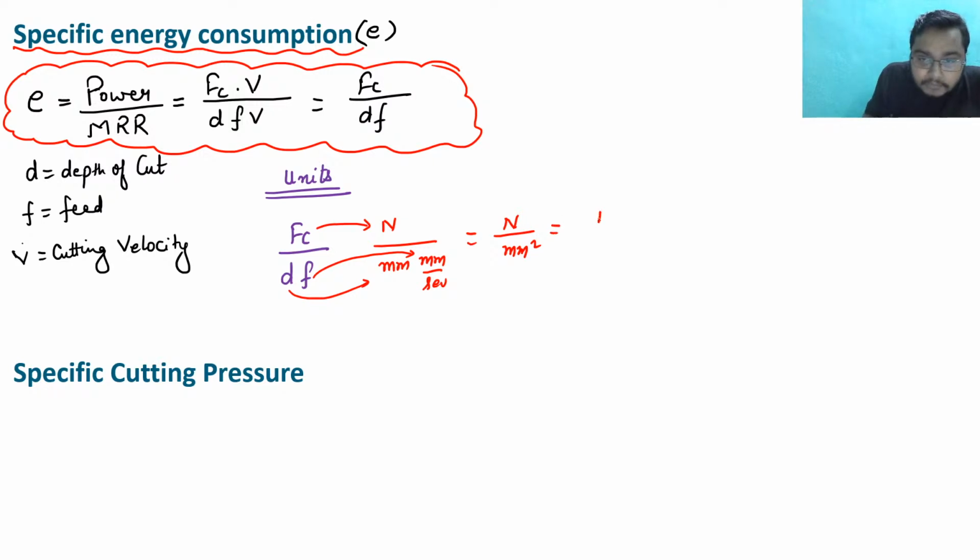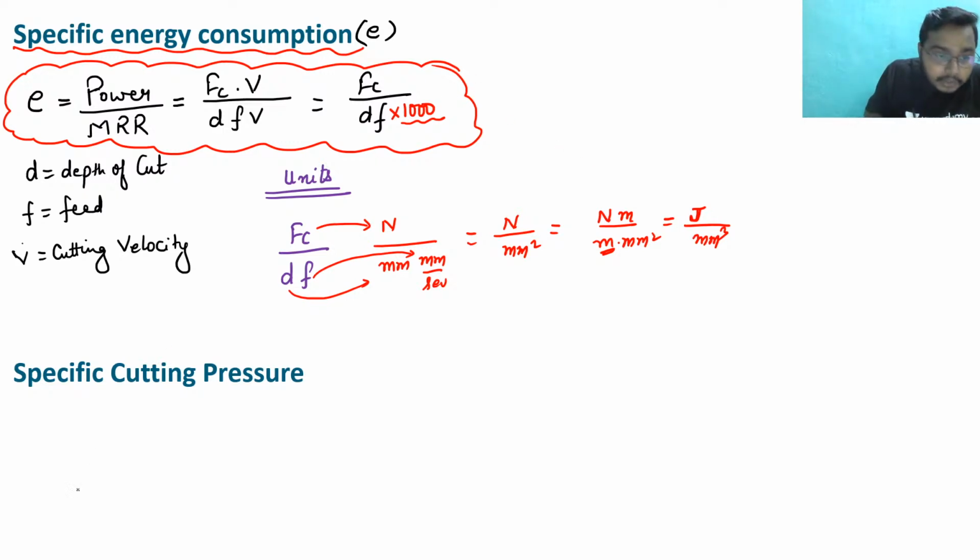So if I divide and multiply by meter, then this meter can be converted to millimeter by multiplying by 1000. Now Newton meter is going to be your joule, and you have already compensated the 1000 for the remaining millimeter, hence that would be joule per millimeter cube. So this is your unit.